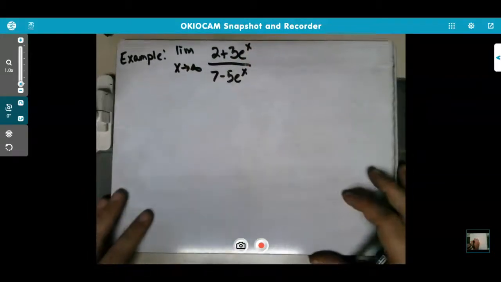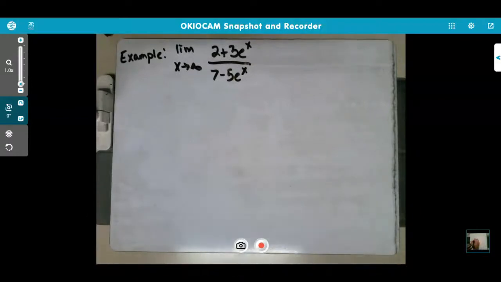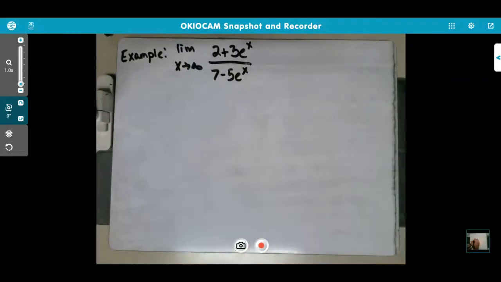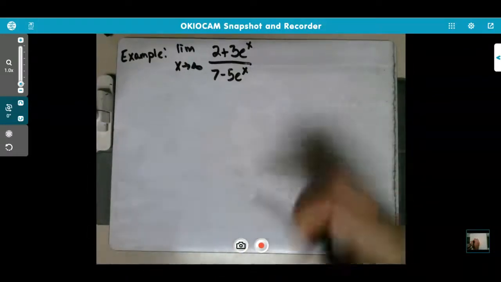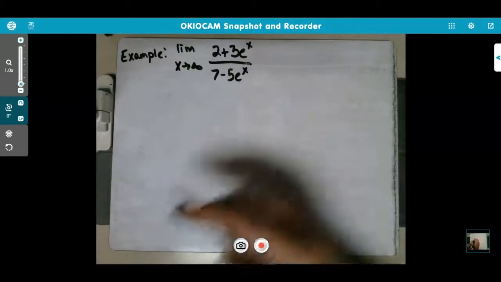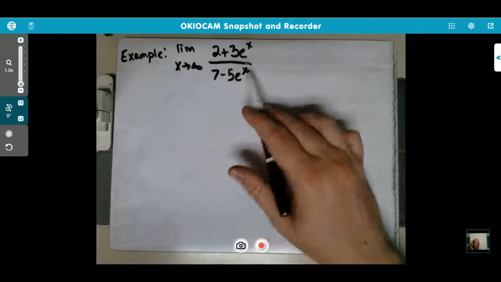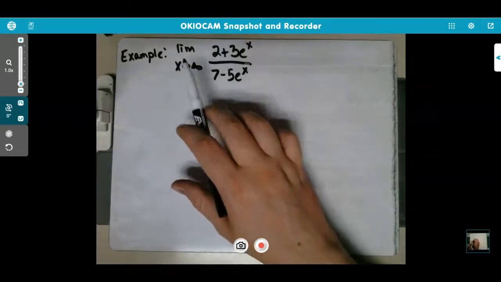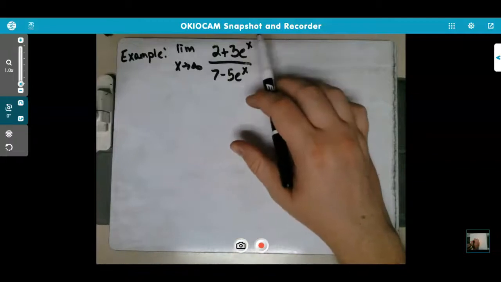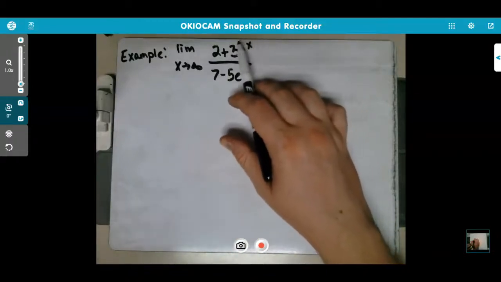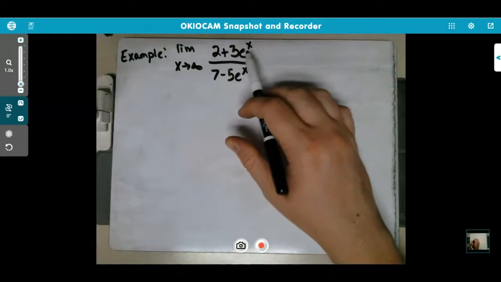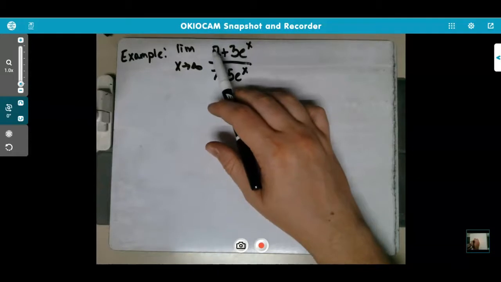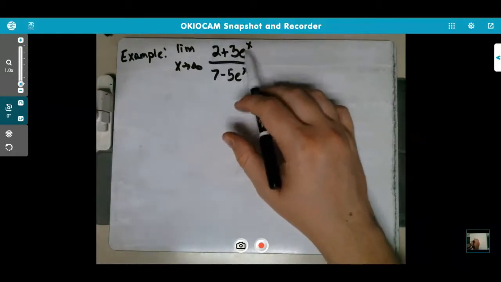All right. So let's think about this now. Remember what I said was that I only need the largest term for each of these, right? So the harder, quote unquote, harder part of this is to see which one of these is the larger term, okay? Well, x is getting really big and it's always going to be positive. And so e to something that's really big is going to end up being really big, right? So this 2 is smaller than this 3e to the x.